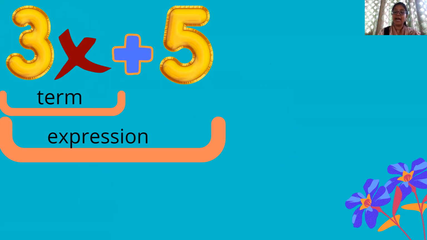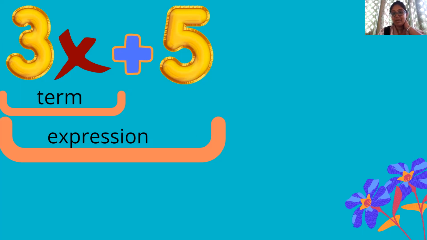So whenever you have 2 terms separated from each other with a plus sign, then each is separately named as a term. 3x, here 3 and x, it is a term, 5 is a term. So when we talk together, 3x plus 5, the whole set is said to be an expression. Whereas 3x is a term, 5 is a term.